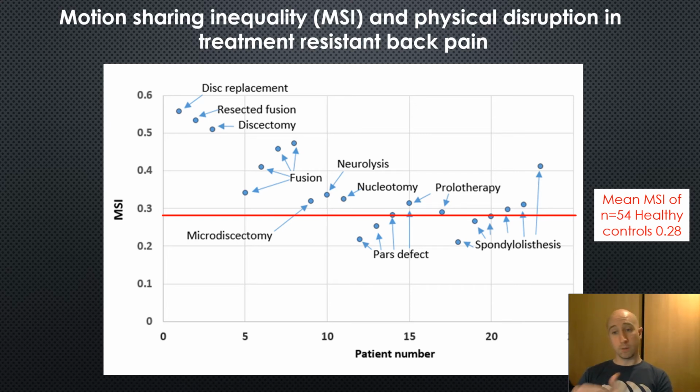We find that we have the red line here, which is the normal or the average motion sharing inequality amongst healthy controls, and you can see these patients with some sort of mechanical disruption are well above that value.